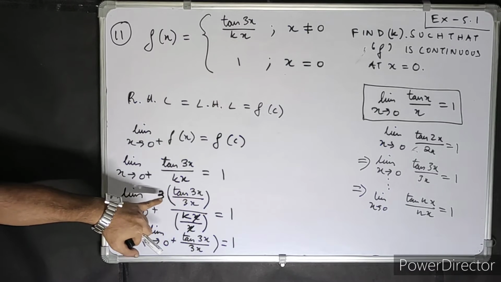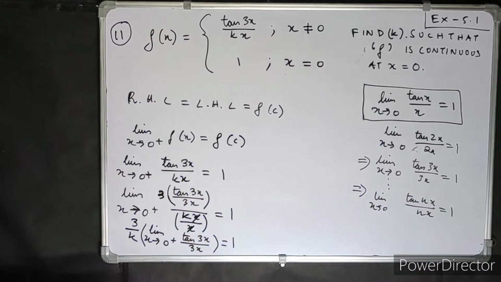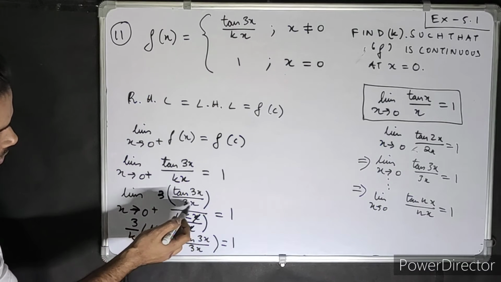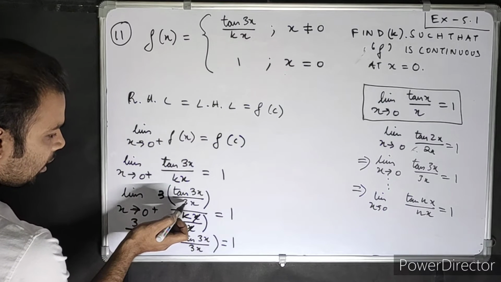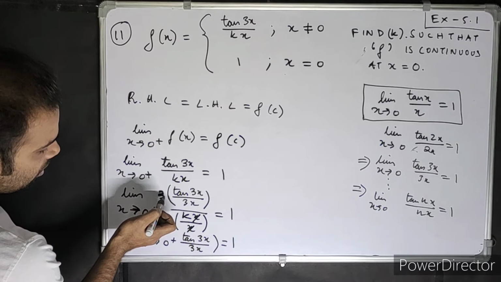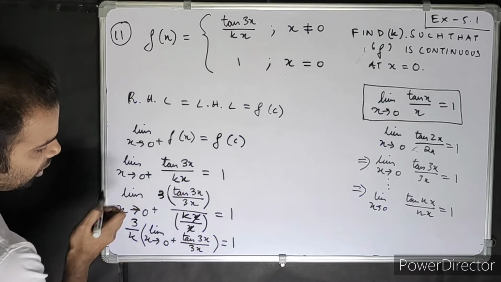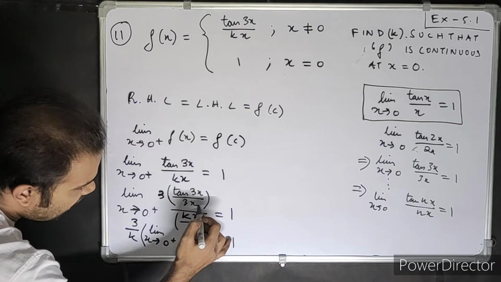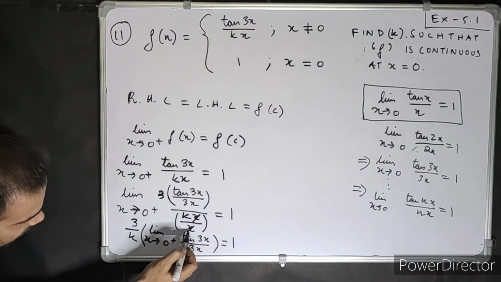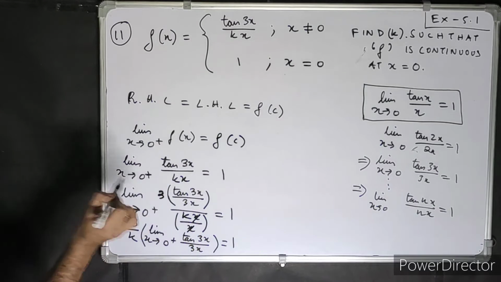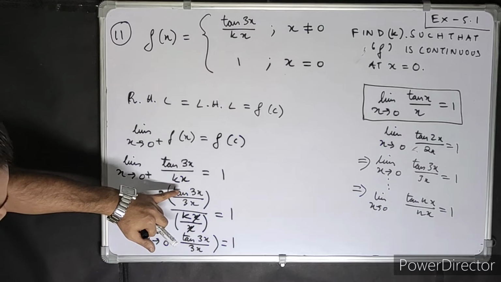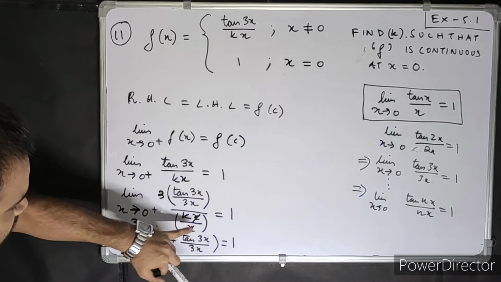Now I got to get rid of the 3x. I get rid of the 3 by multiplying another 3 over here. And how to get rid of the x again? By dividing another x. So this x and this x get cancelled out. This 3 and this 3 get cancelled out. And you're left with tan 3x by kx.